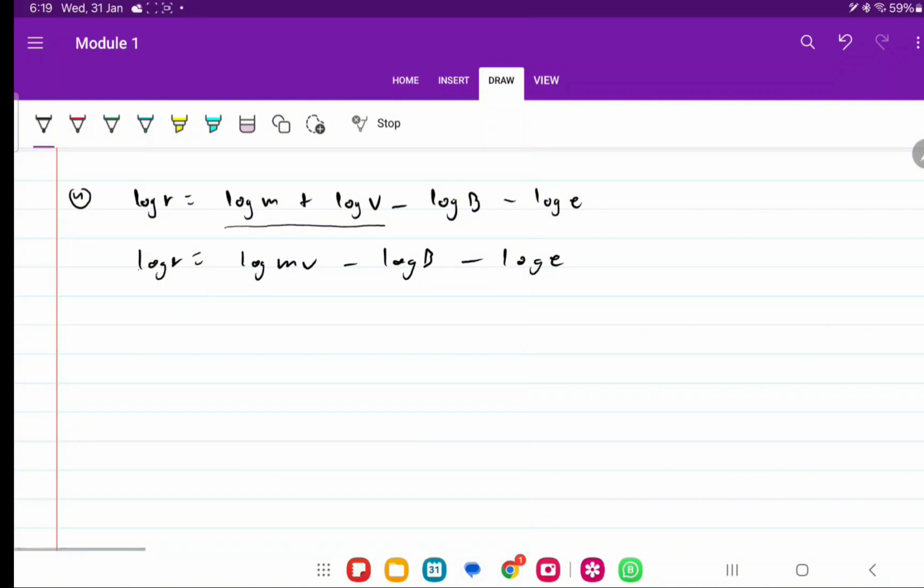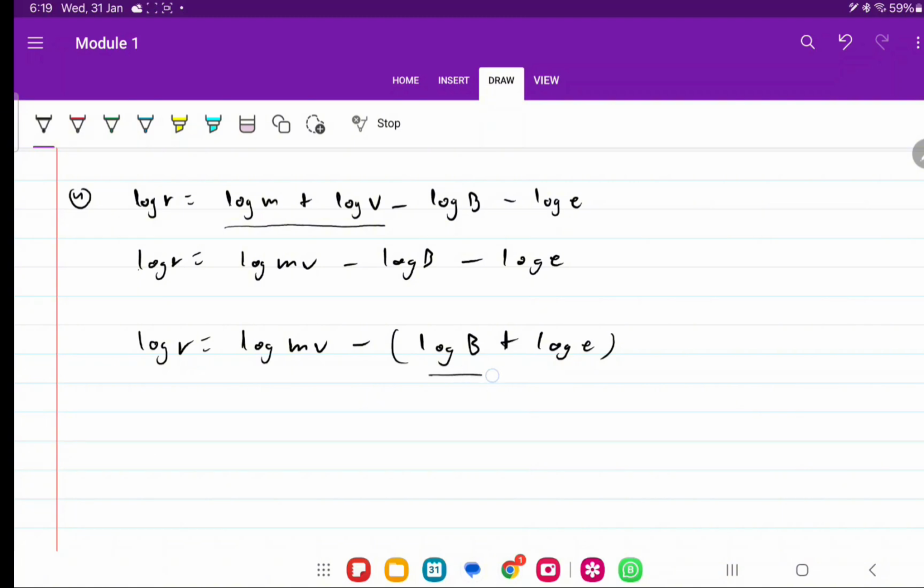Now what I'm going to do, I'm going to group the log of b and minus the log of e together, and I'm going to factor out the minus, right? So I'm going to have the log of r is equal to the log of mv minus into the log of b plus the log of e.